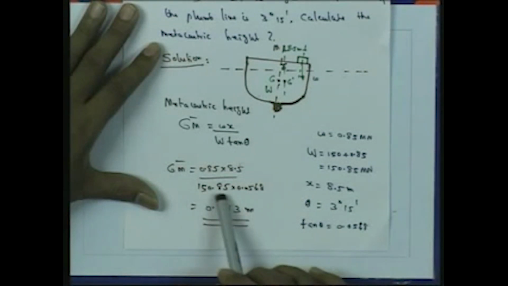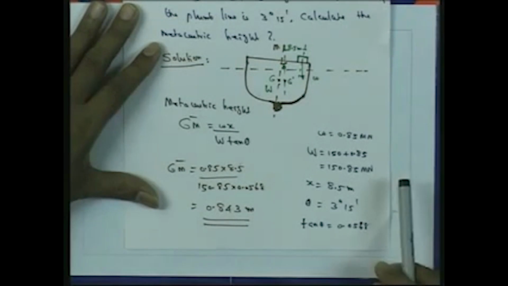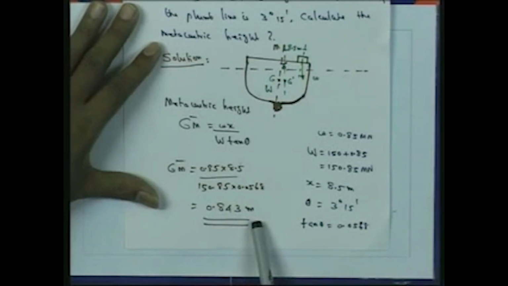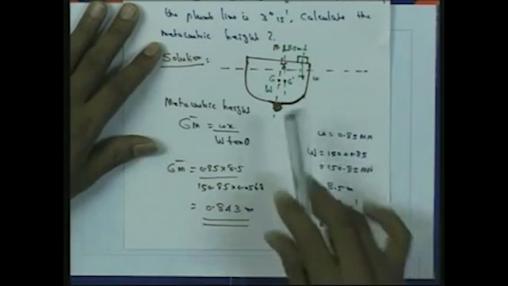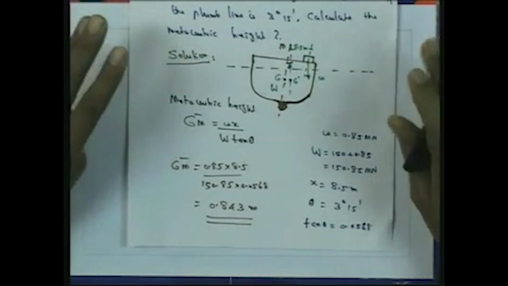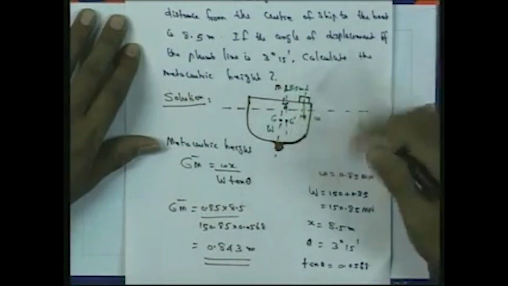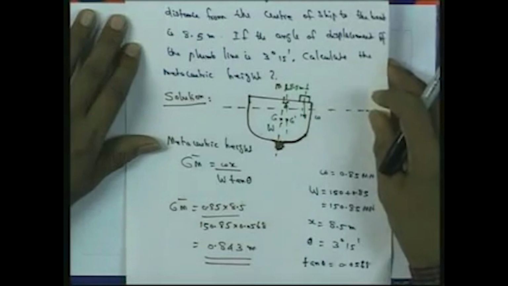So 150.85 multiplied by 0.0568 gives the metacentric height as 0.843 meter. Like this, in a simple example, we can determine the metacentric height by placing a small weight. Similar to what we have seen in the previous slides, in a very similar way we can determine the metacentric height for floating bodies.